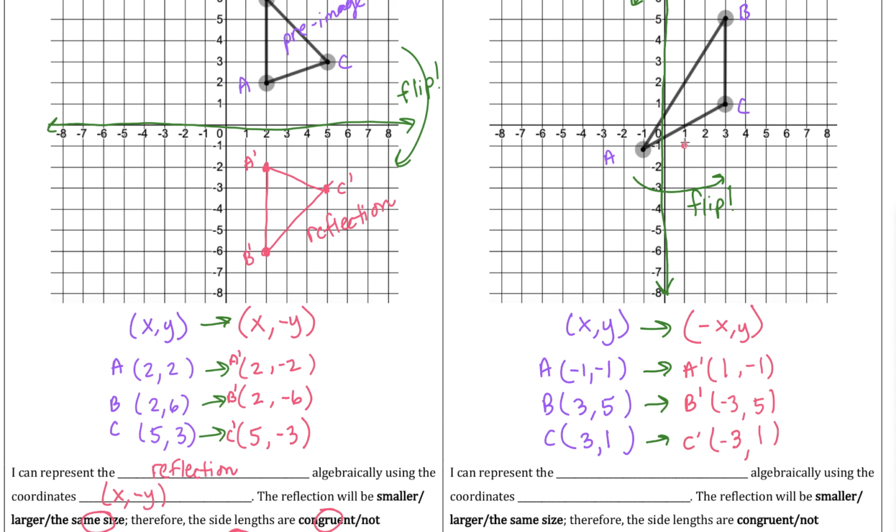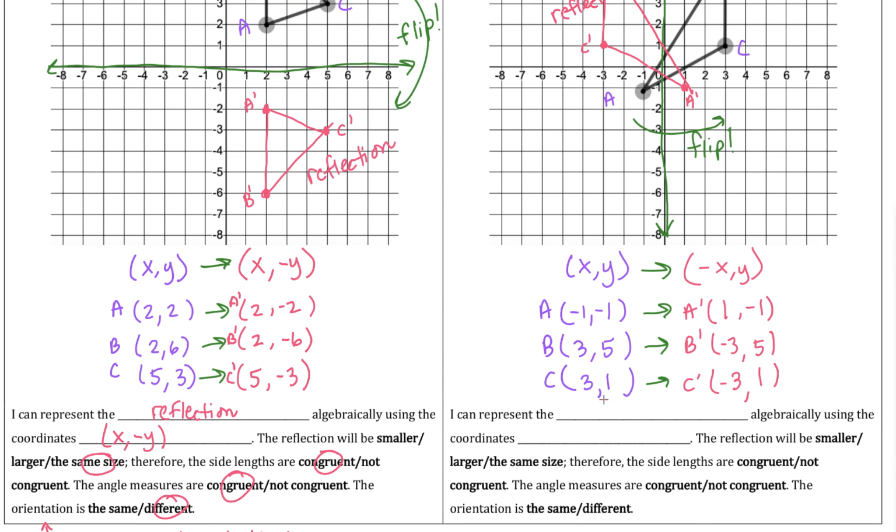Through -3, 5. And -3, 1. And we can connect them to the triangle. And this is our reflection. Oh yeah, I labeled it there.